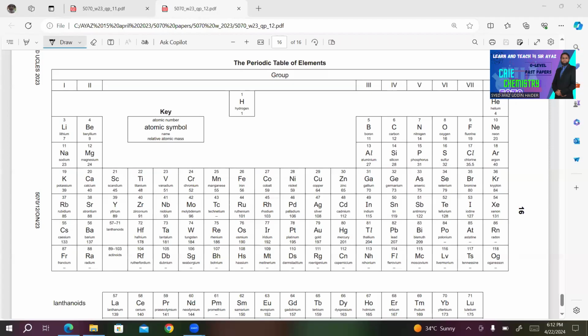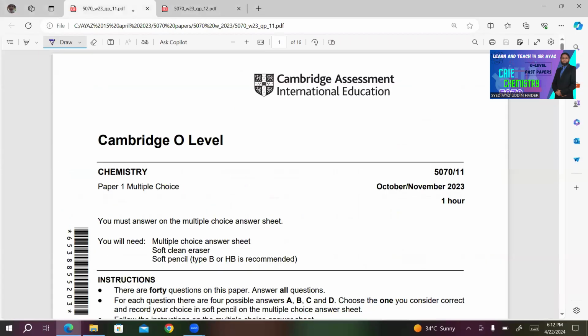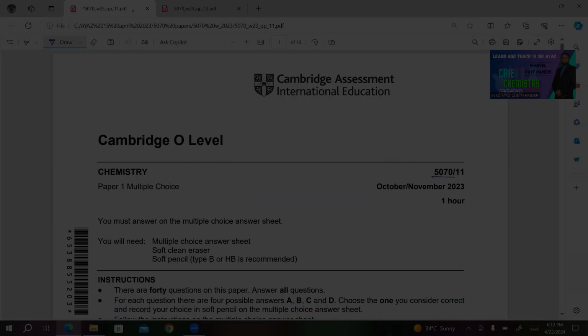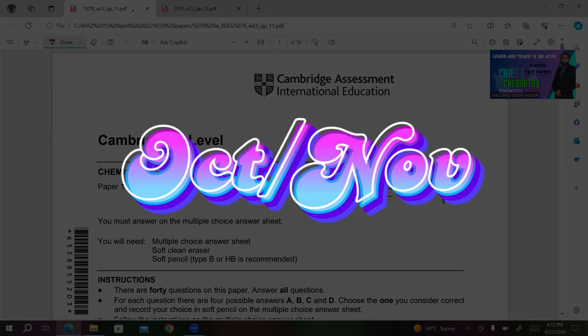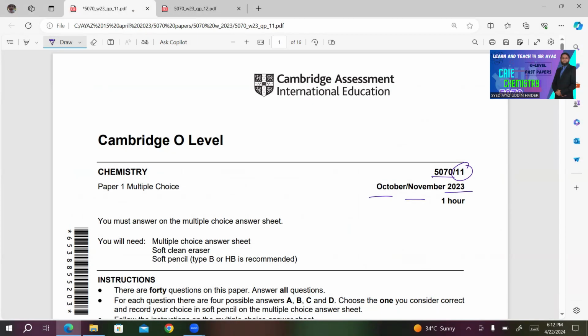So I will continue my video session for past papers, and this time I've selected Cambridge O levels, that is CAI 5070, and variant is 11. It's of October-November 2023. It's paper 1's multiple choice, time 1 hour.